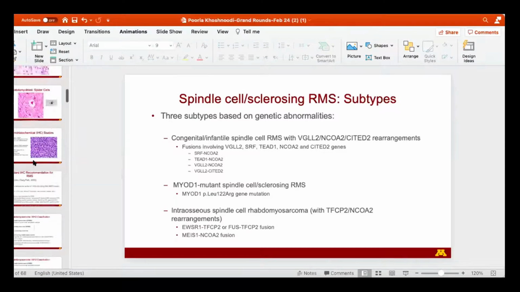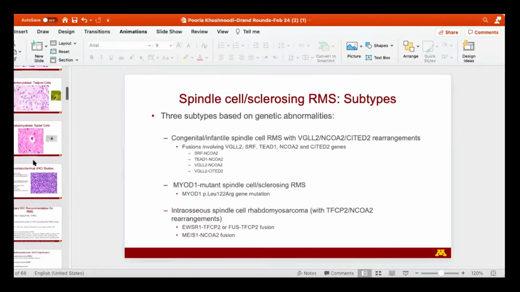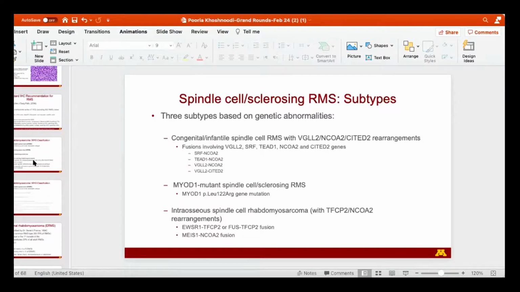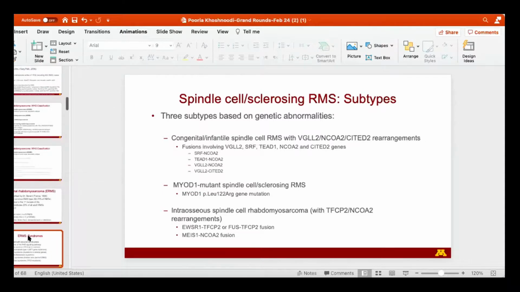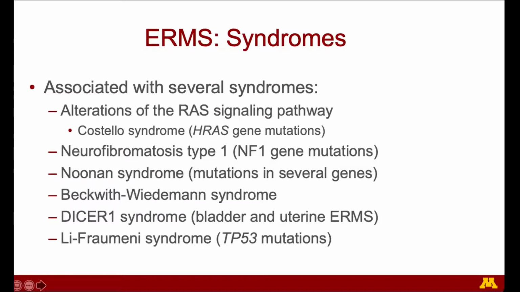I think I already talked about them, probably in my early slides. They are associated usually with embryonal rhabdomyosarcomas. Yeah, that's a good point. So they have already been described. Thank you.